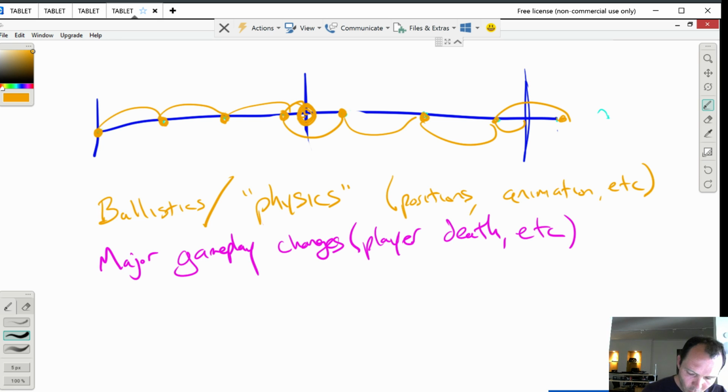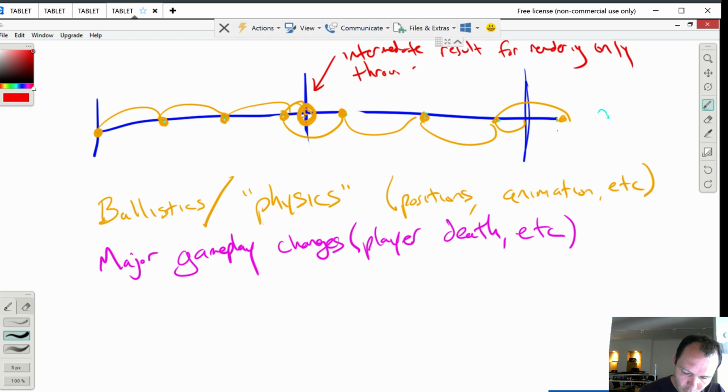So this is an intermediate result for rendering only that gets thrown away. So only fixed time steps are real.